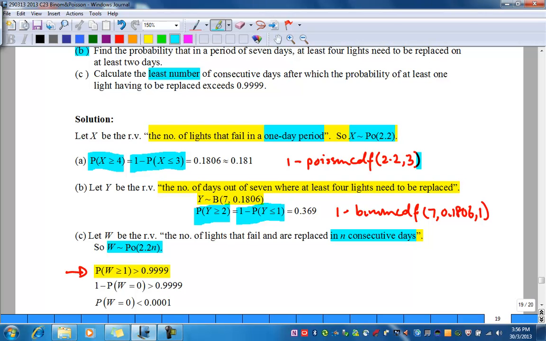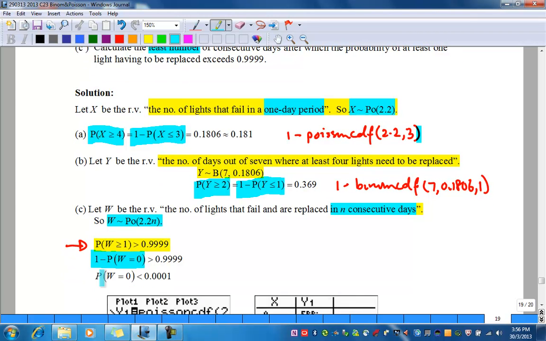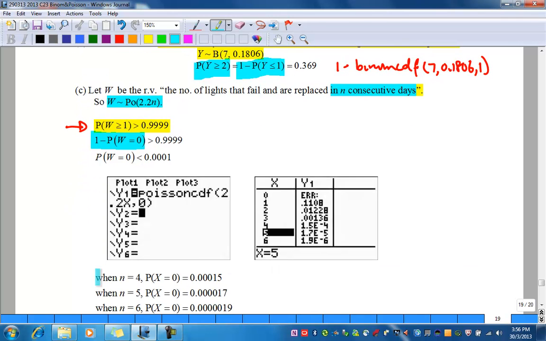And since the GC cannot work with the greater sign, you need to convert it to 1 minus probability of W equal to 0, which is greater than 0.9999. And by simplifying, you end up with probability of W equal to 0, which is less than 0.0001.